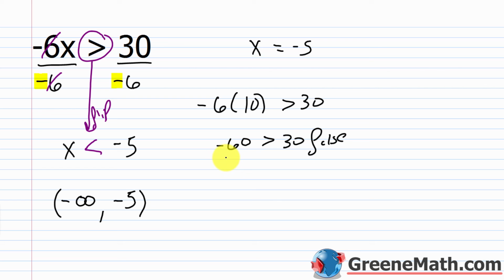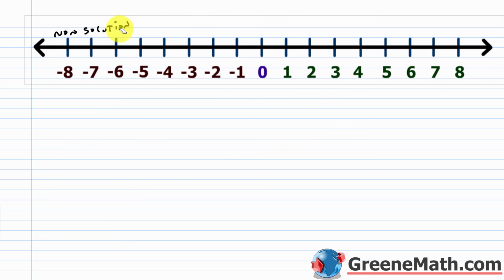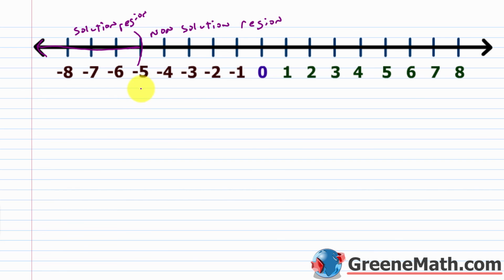That's okay, right? Again, when you're checking this stuff, and I have to reverse this because I gave you the scenario where we got the wrong answer. When you graph this, anything less than -5 is in the solution region. Anything that's -5 or larger is in the non-solution region. And again, -5 is your boundary.